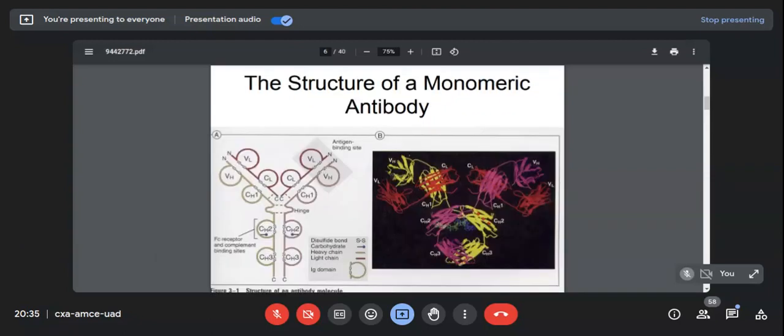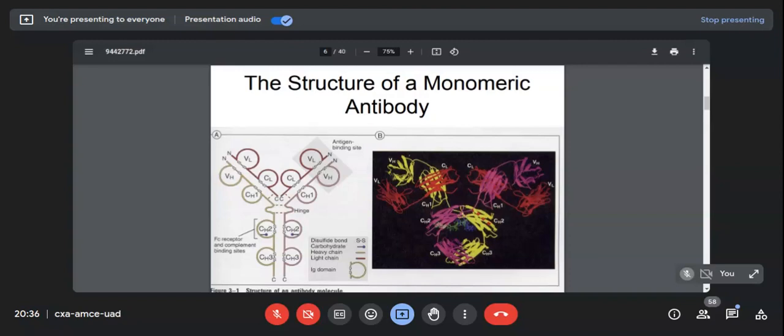Okay, so going back to what I was talking about. A B cell is a particular type of cell under adaptive immunity that does its function outside the cell, not inside the cell. Adaptive immunity can be inside and outside the cell.